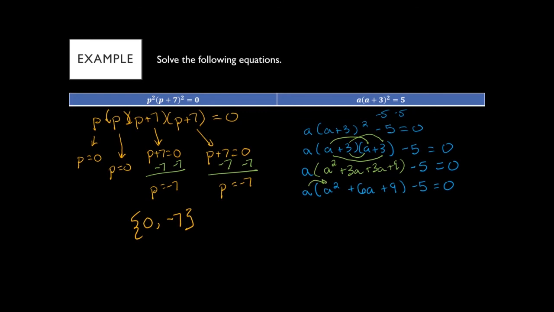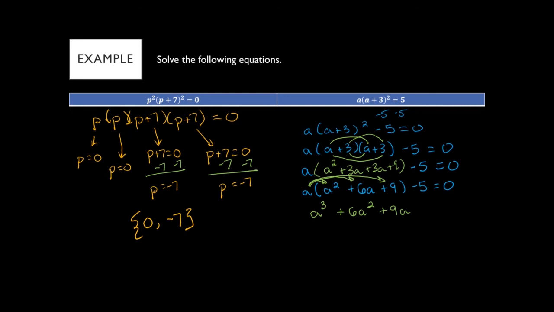Then I need to multiply out and distribute again. I have a times a squared, which gives you a cubed. And then we have a times 6a, so that's 6a squared. Then we have a times 9, which is 9a.